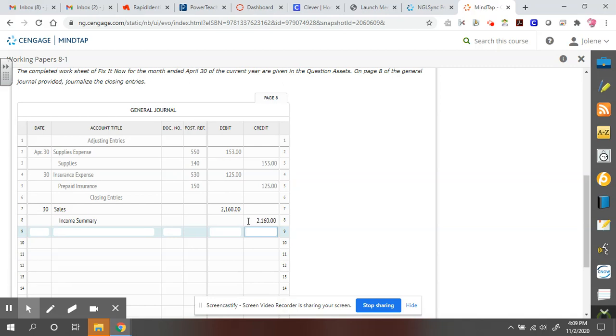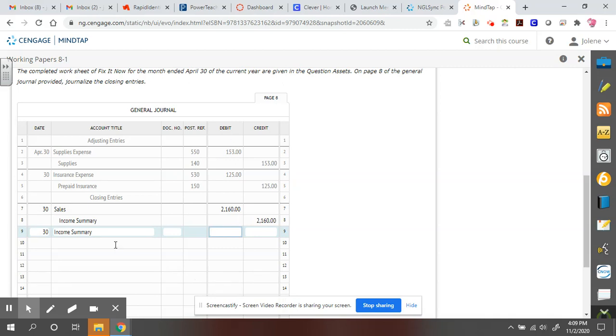The next thing we have to close out are the expenses. The example is on page 219. We're going to use the same date, April 30th, and this time income summary is the debit, because expenses have a normal debit balance.